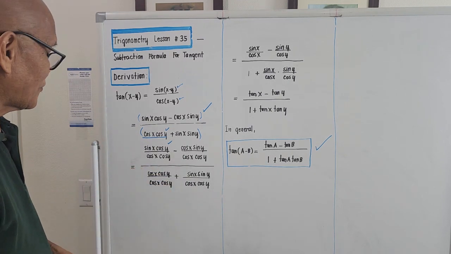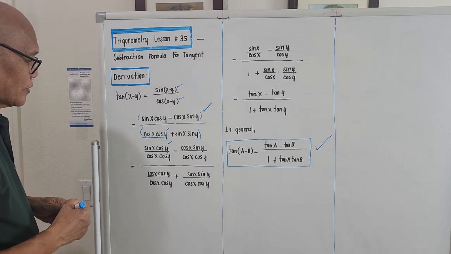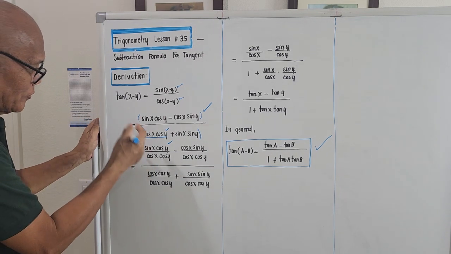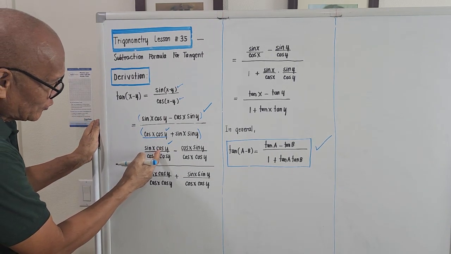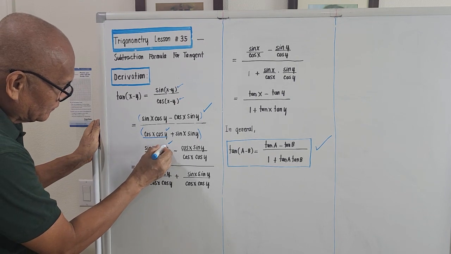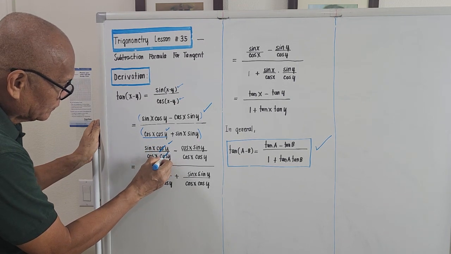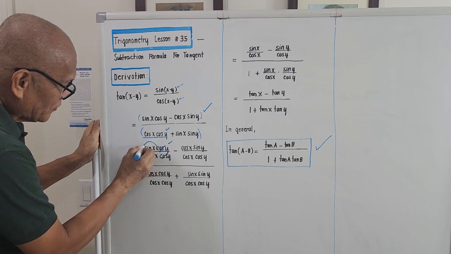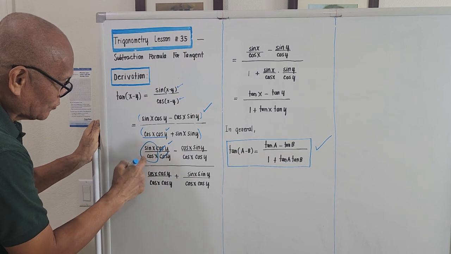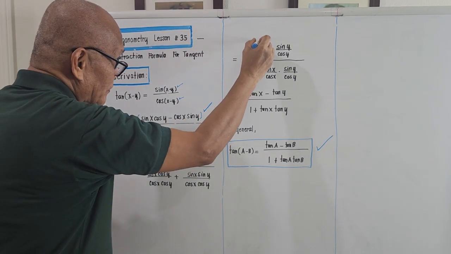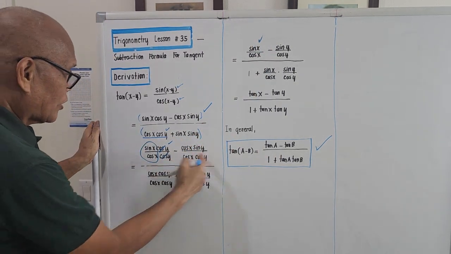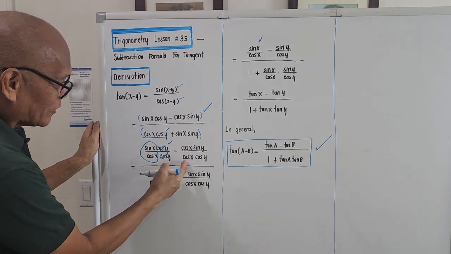Then try to make some cancellations. For the first one on the numerator, this is cosine y and cosine y. They will cancel out. Right? What remains is just the value of sine x over cosine x. For the second one, what will cancel out will be cosine x.